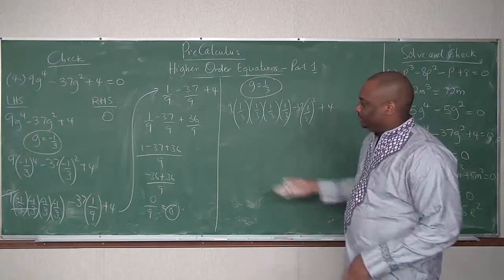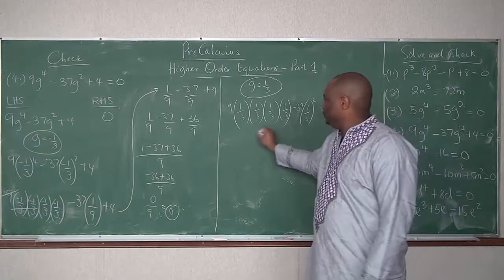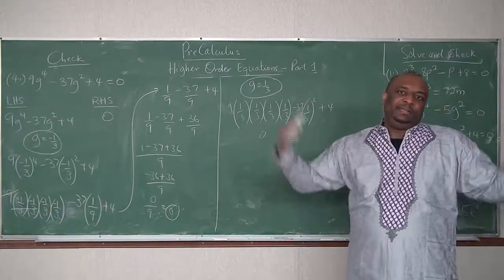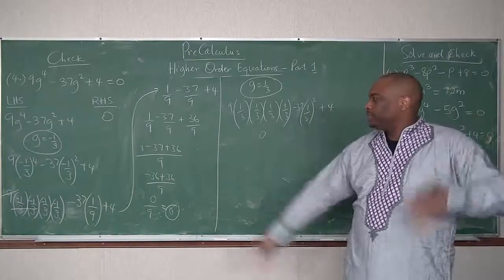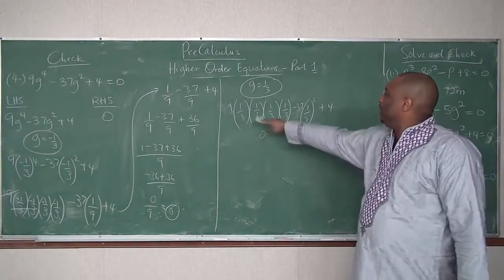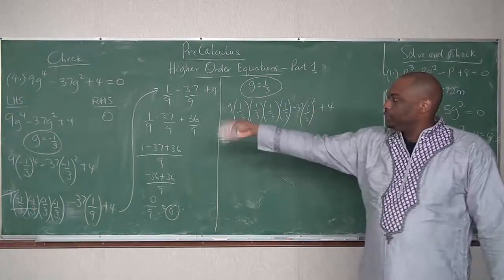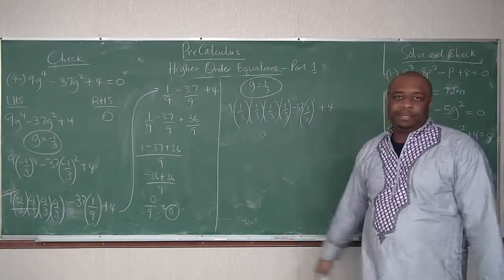It's the same thing, and it will give us 0. The only difference is the sign handling with the negative one, but with the positive, it's going to give us the same thing. If you substitute it and do it, it gives you the same thing.